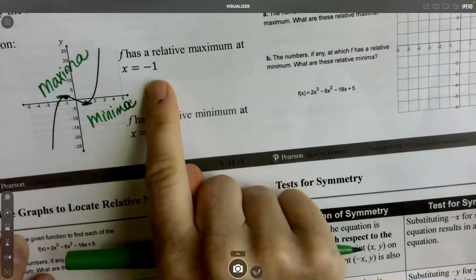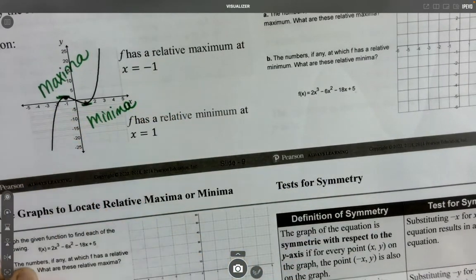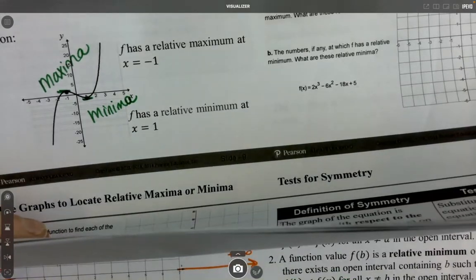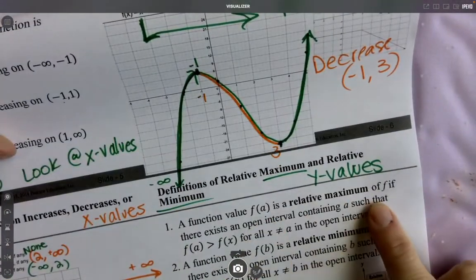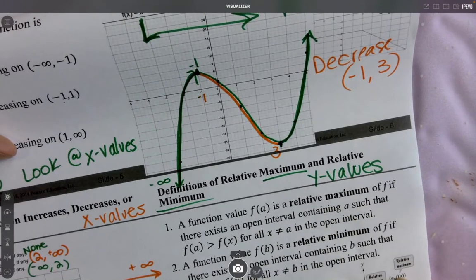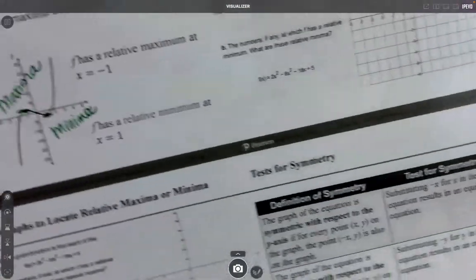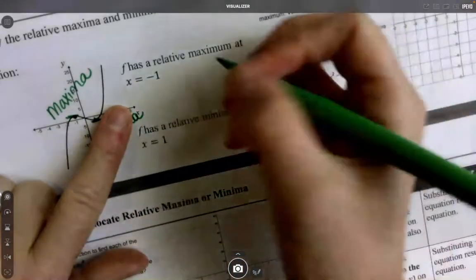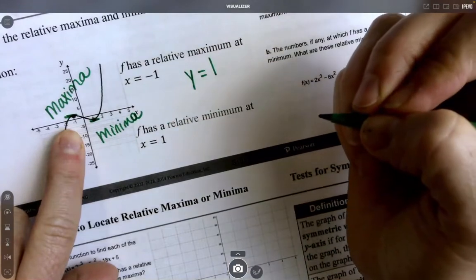But this is talking about where our x is. So our x is located at the -1. So we're wanting to see on this one is the relative maxima. F of A is going to be our y value because it's x, y. So here they wrote x is -1. Well, what is y? Y on this one, it looks like 1 also.